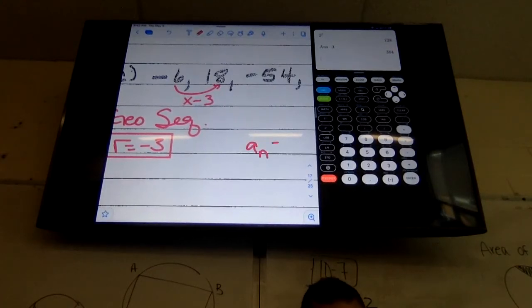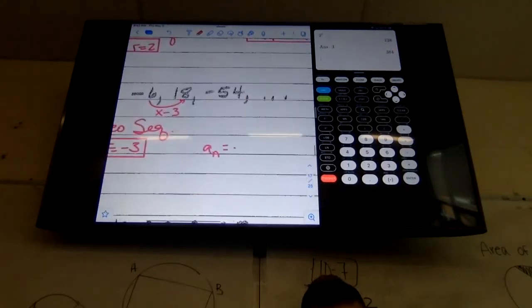Which is -3. Good. And then raised to the perfect. Great job. That's my explicit formula.